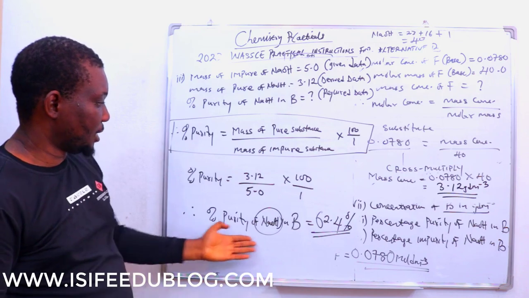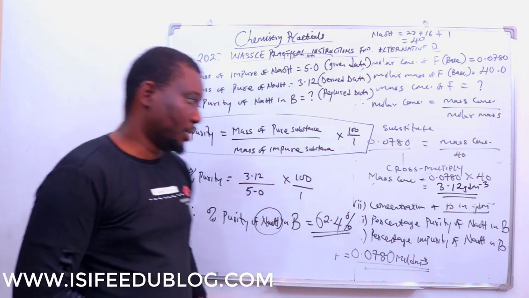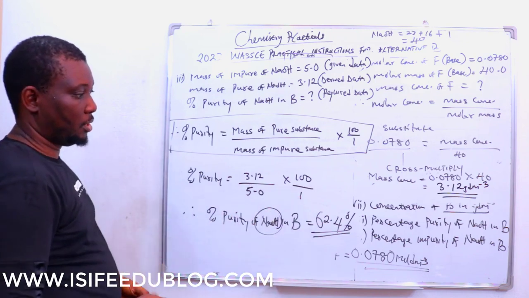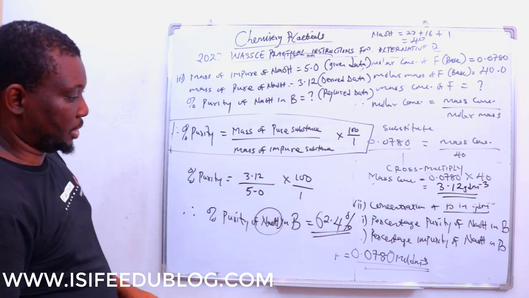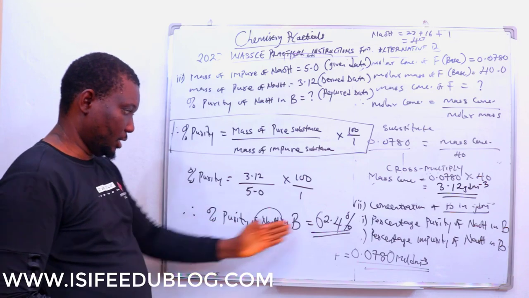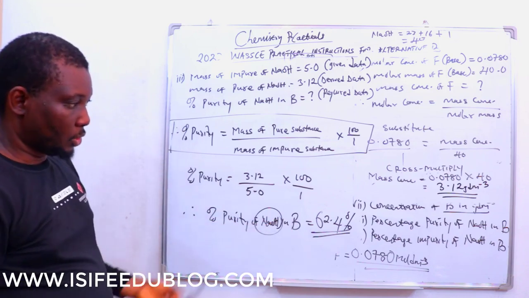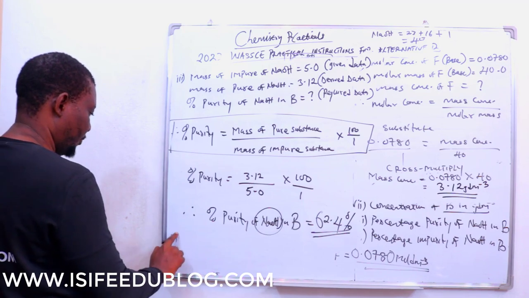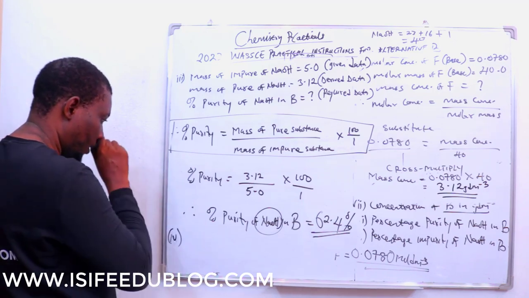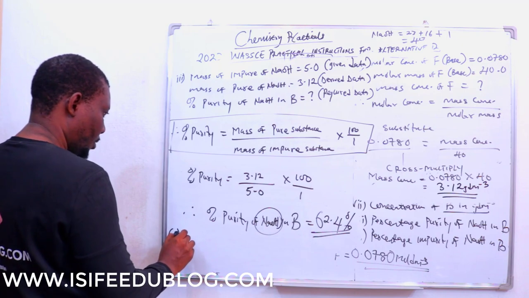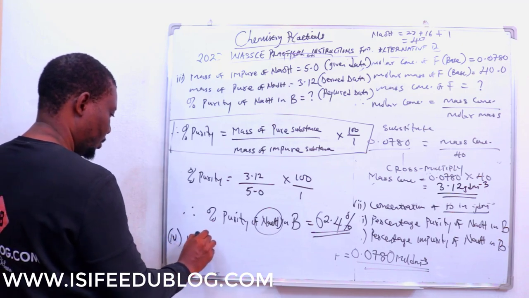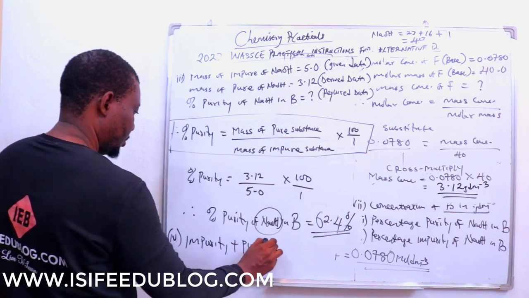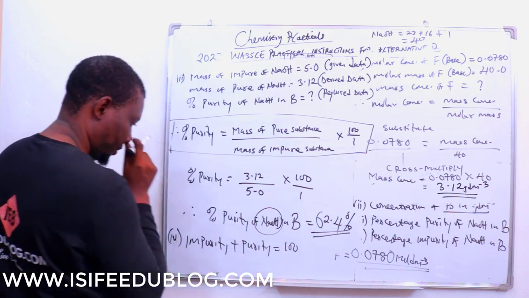Without wasting time, sometimes having known the purity, you can just say that out of 100%, this is 62.4 pure. So the impurity, to solve the last one, which is IV, is such that impurity plus purity is equal to 100.